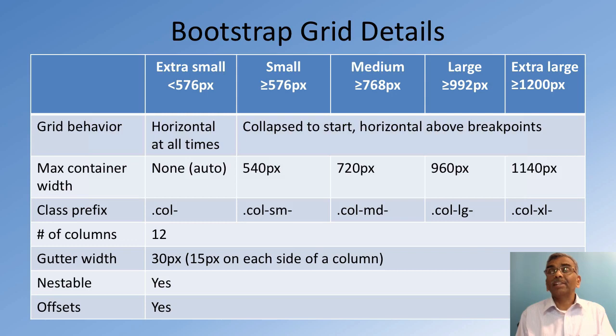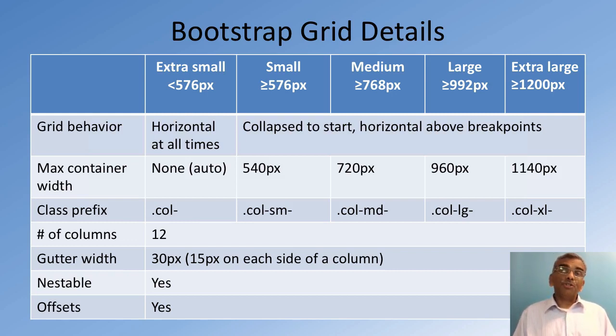Sum total together, 30 pixels of white space will be left between the two pieces of content. Think about how a newspaper column layout is done, and you begin to see the correspondence between the way a newspaper column layout is done and how Bootstrap's grid does the layout of the content on a web page.